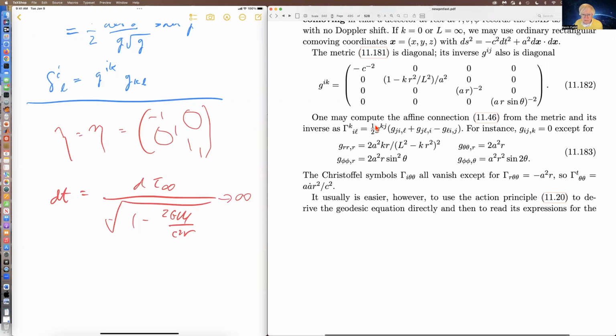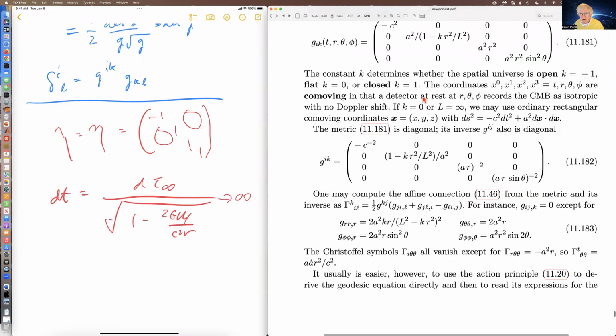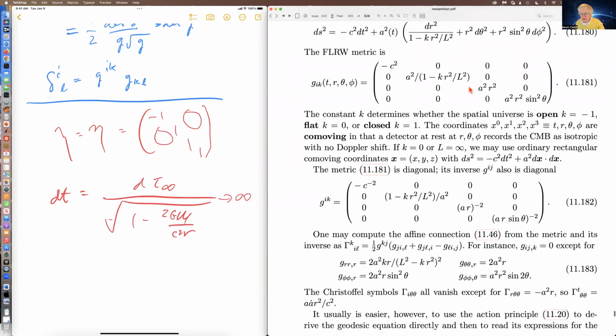And the Christoffel symbols of the second kind are given by the inverse metric. And notice the inverse metric is very simple to calculate because the metric is diagonal. And then they're given by derivatives of the metric.